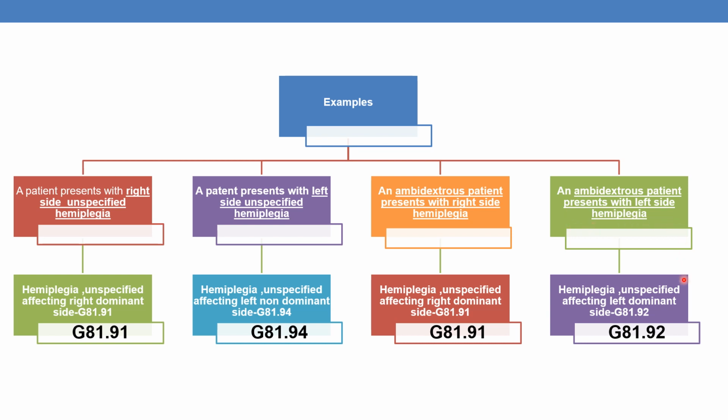You need to code hemiplegia unspecified affecting left dominant side, G81.92. I hope you understood the difference between dominant and non-dominant. By default, whenever the right side is affected, you need to code dominant, and when the left side is affected, you need to code non-dominant. And for an ambidextrous patient, both sides should be dominant only.